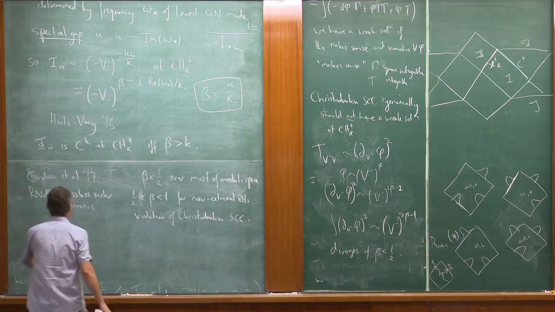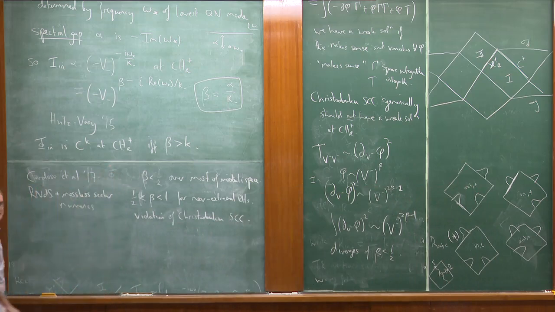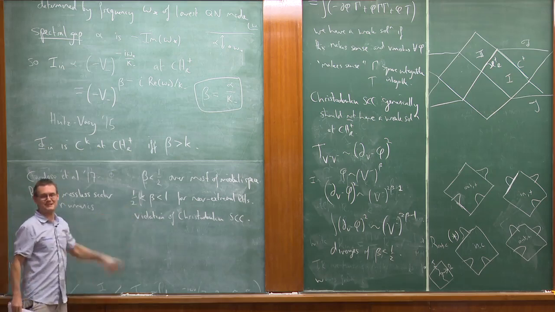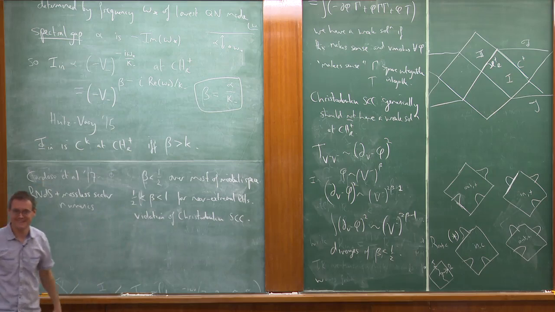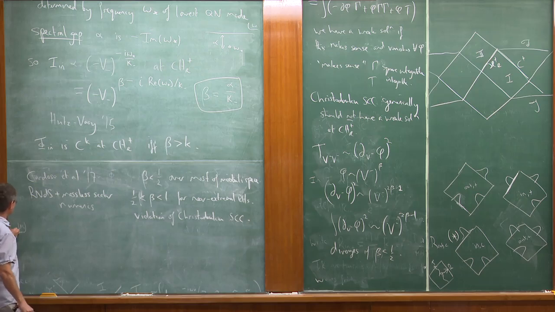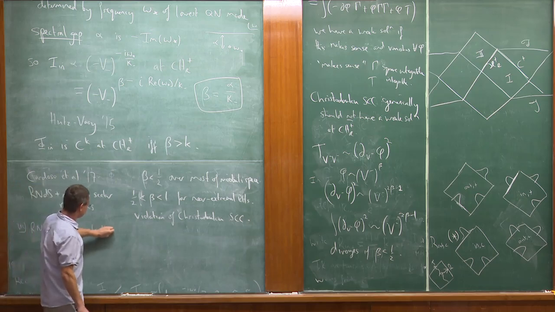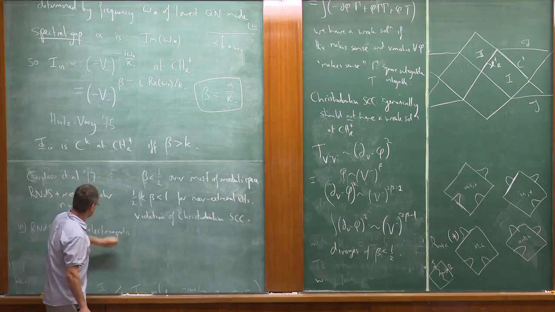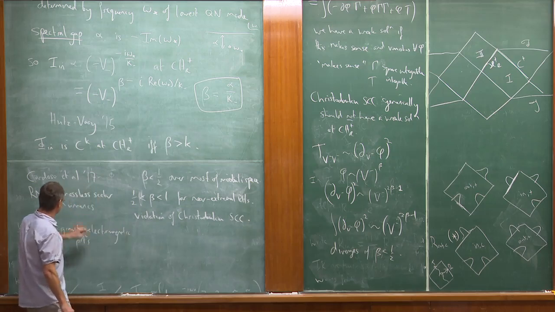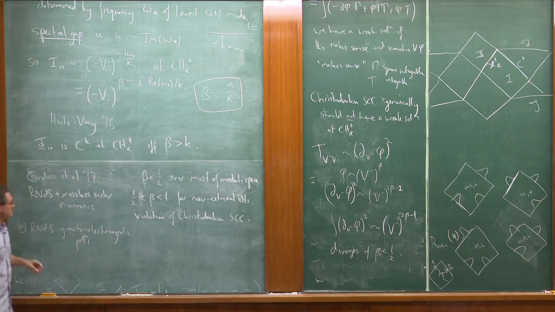So that then inspired us to work on this. Beta bigger than 0.5 is the violation. Beta less than 0.5 would be respecting it. So what we did, we looked at gravito-electromagnetic perturbations. Again, Reissner-Nordström de Sitter. Again, calculate the quasi-normal modes numerically.